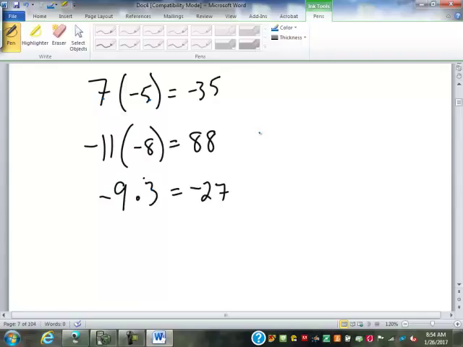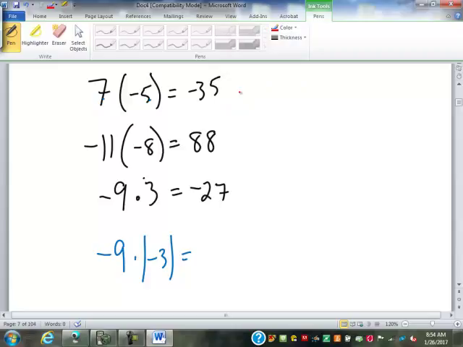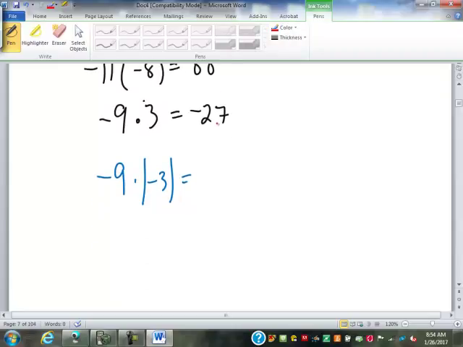So what if we did negative 9 times the absolute value of negative 3? Good question. Would that turn into negative 9 times 3, the value of 3? Yeah. We haven't talked about order of operations yet, but that absolute value symbol is called an enclosing symbol, which means you have to do whatever is inside of it first.